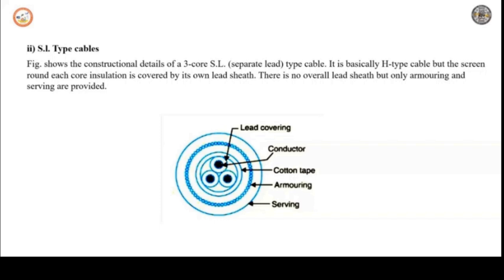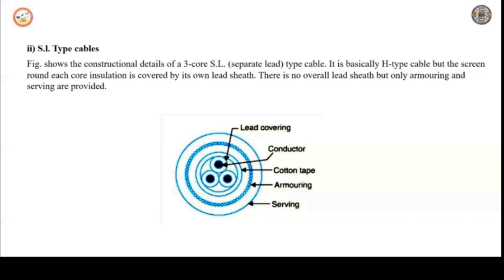There are so many advantages of SL-type cables. Let us discuss one by one. First one, due to individual lead sheath, core to core fault possibility gets minimized. Second point, the electrical stresses are radial in nature. Third one, due to absence of overall lead sheath, bending of cable is easy.